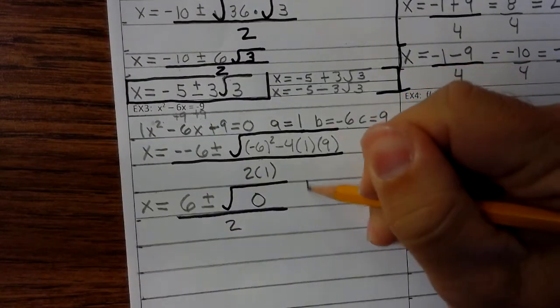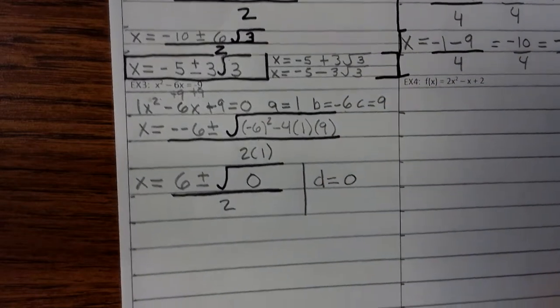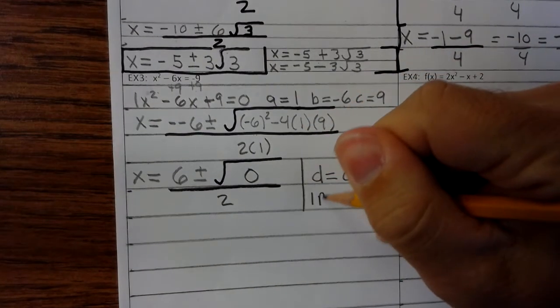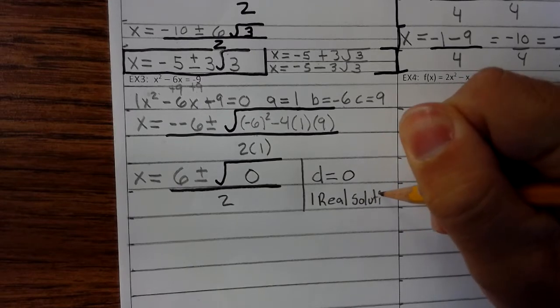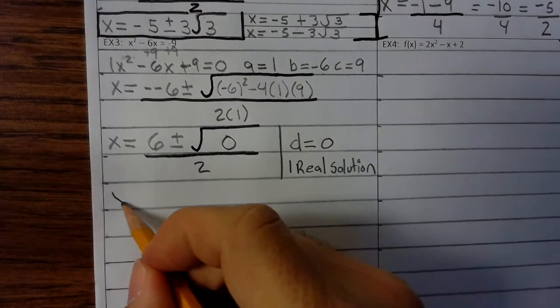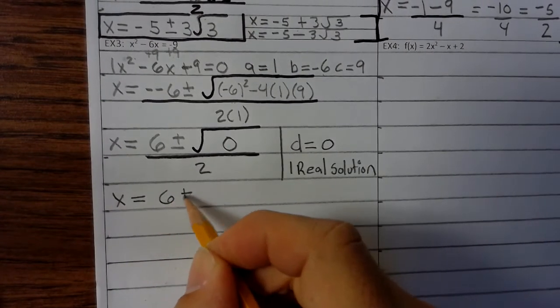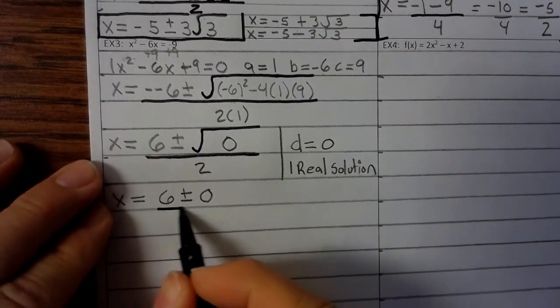Well, the discriminant equals 0, and we know when the discriminant equals 0, there's one real solution. Okay? So that's x equals 6 plus or minus 0 divided by 2.